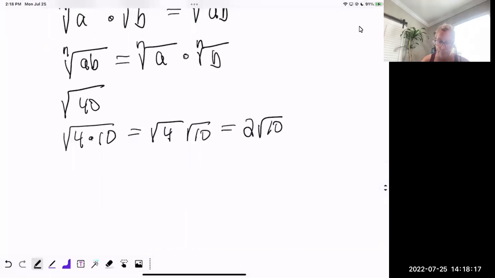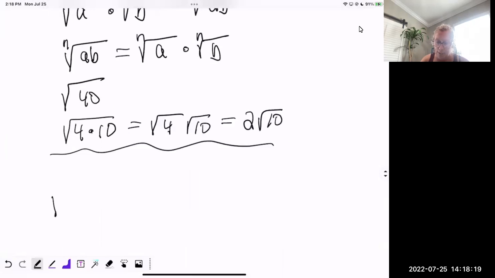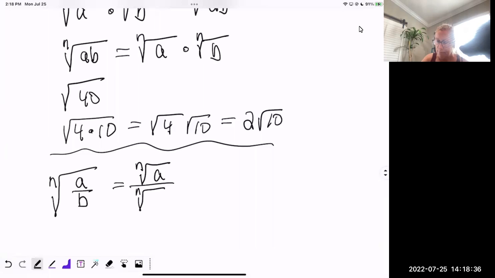Same thing with dividing. If I have some kind of root, and remember, n means any root. It could be square root, cube root, fourth root, and I have a over b, some kind of a divided by b, different numbers. I can break it out into separate pieces.